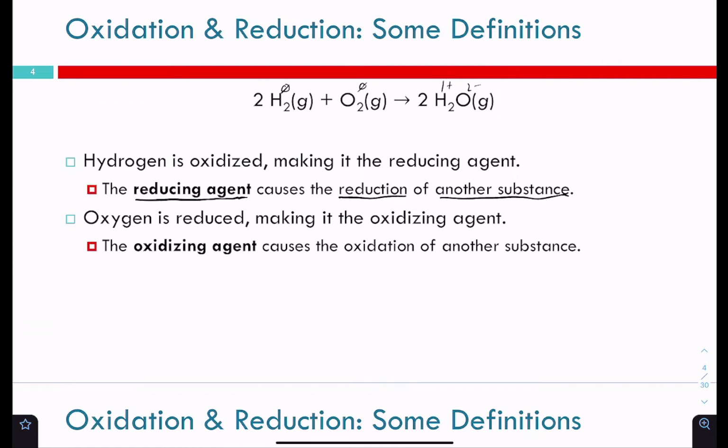So the transfer of electrons. So agent means it's making something else be oxidized or reduced. So the oxidizing agent is the oxygen in this case, causing oxidation of another substance.